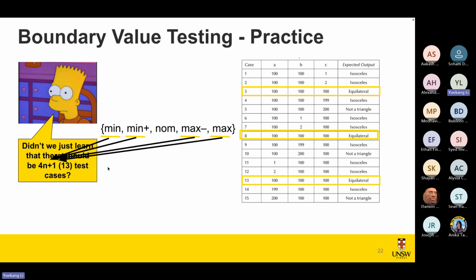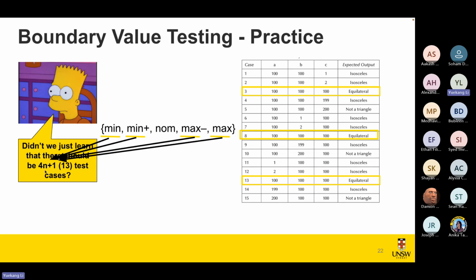And now, can you quickly tell me the number for worst case boundary value testing here, which means that we allow values to be invalid, but we still have the single fault assumption. What is the formula here?